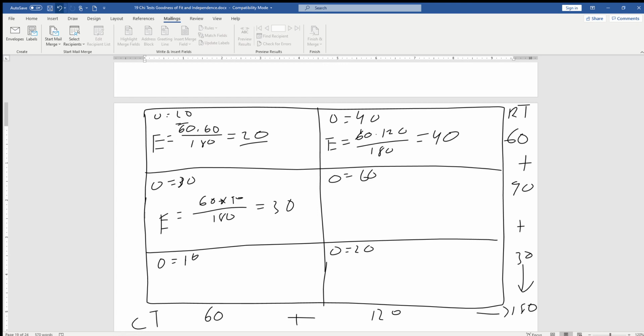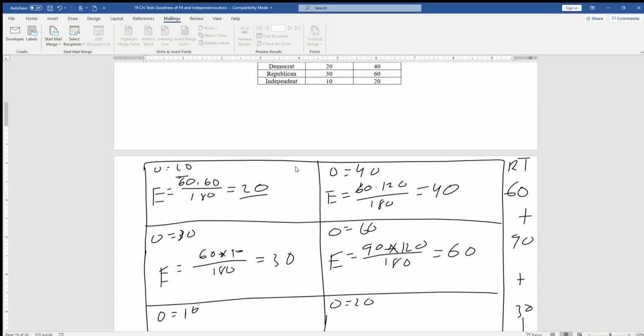So expected is 90 times 120 divided by 180, and that's going to be equal to 60. So this is becoming really easy for us so far.